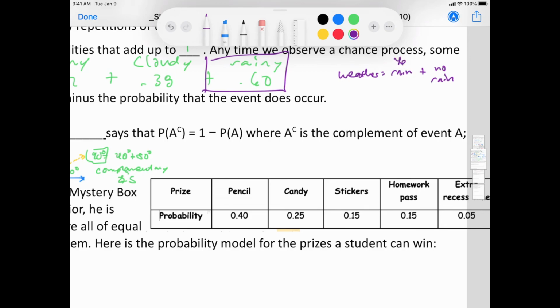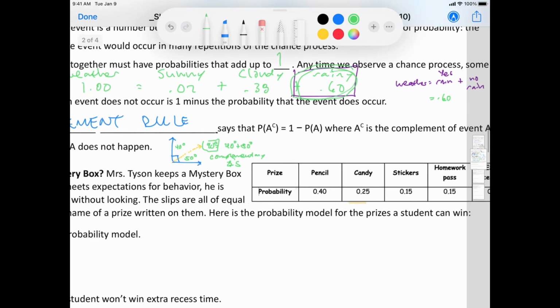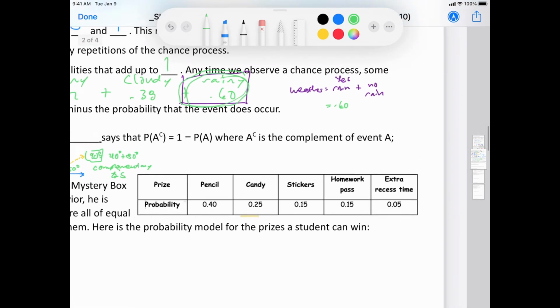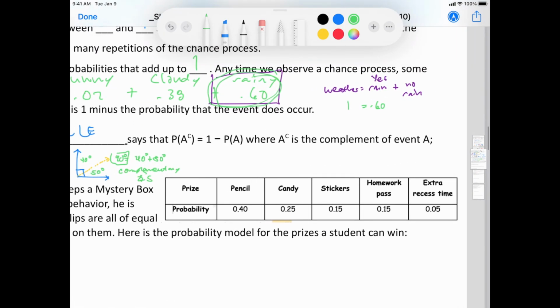It's kind of saying yes, it'll rain plus no, it won't rain will equal all the weather outcomes. Well, if I'm saying that rainy is 60, yes, rain is 0.60, and all weather outcomes, we just talked about, any outcome has to equal what number? 1. So we can say that 1 equals 0.60 plus no rain.